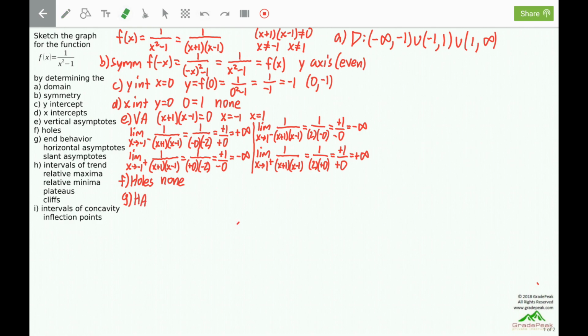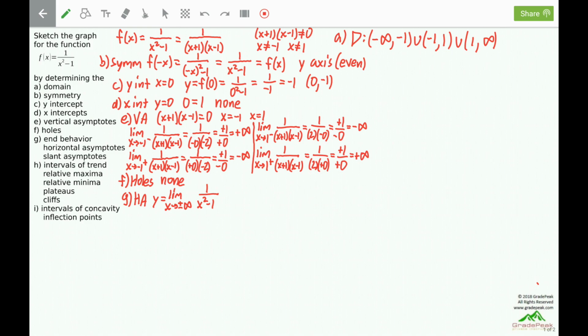The horizontal asymptote is found by setting y equal to the limit as x approaches positive or negative infinity, as long as they are polynomials in the numerator and denominator. The limits will match to positive and negative infinity of the original function 1 over x squared minus 1.